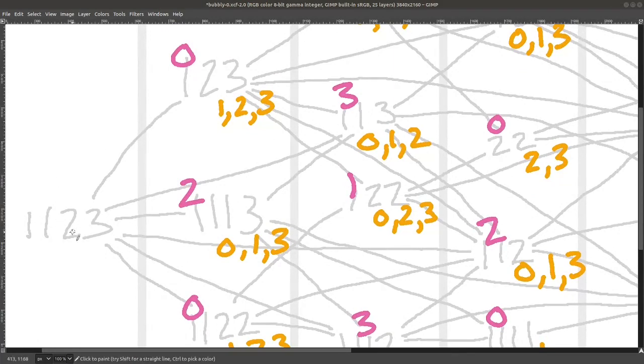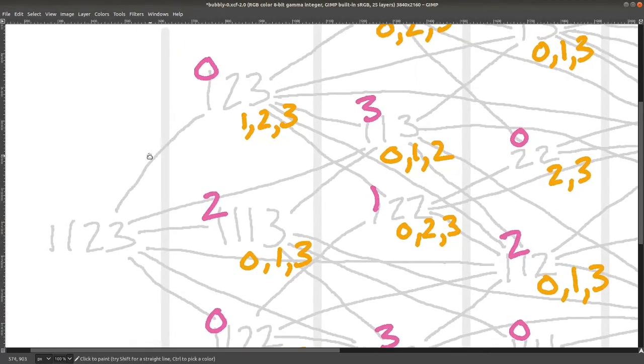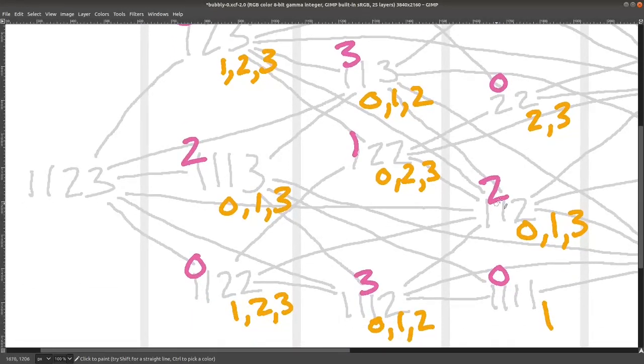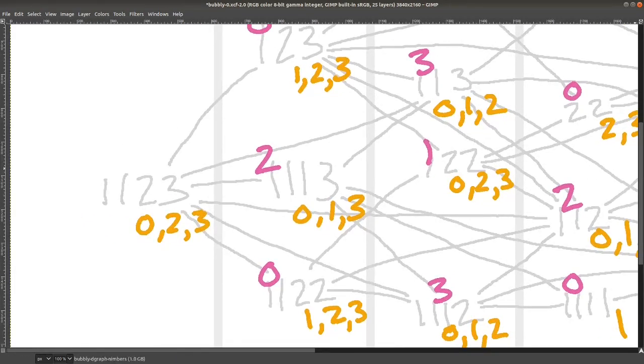All right, and finally from the starting state, you can reach states with a number of 0, 3, 2, 2, 3, 0. And so that gets a number of 1.